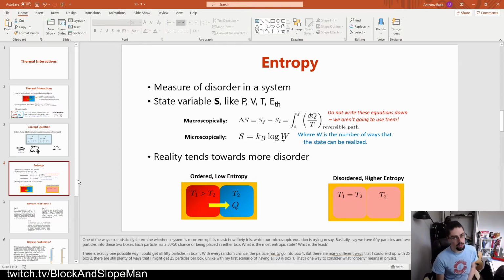If you're in chemistry, this will be significantly more important for you. But we really don't do too much with this until you get into higher level courses. I know I've brought it up before, but it's roughly speaking a measure of the disorder in a system. And I think it's a little bit unclear what exactly that means.